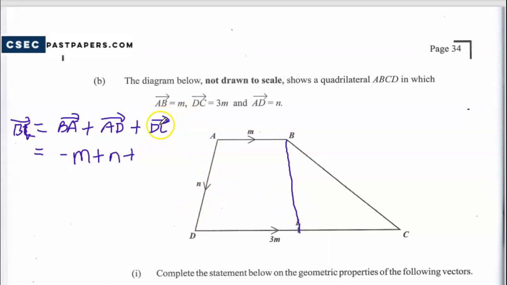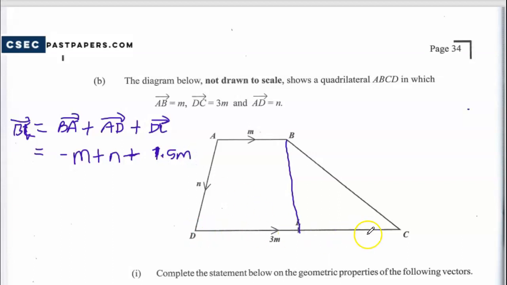Now we are told L is the midpoint, so DC is 3m, but we're not going the entire length here. We're going to go half of that, so it's half of 3m. What's half of 3m? 1.5m.